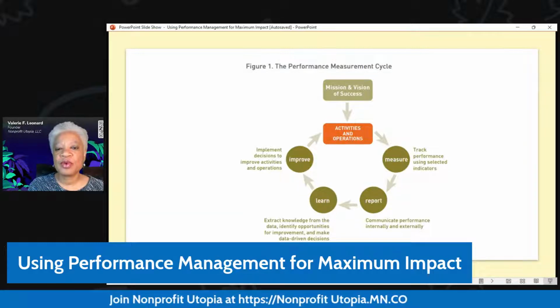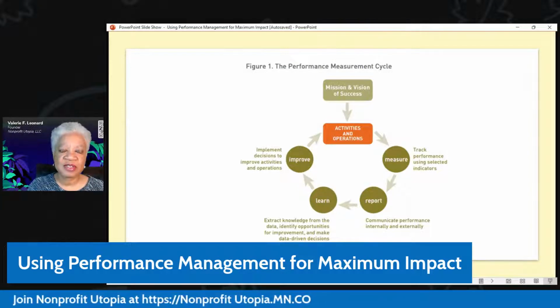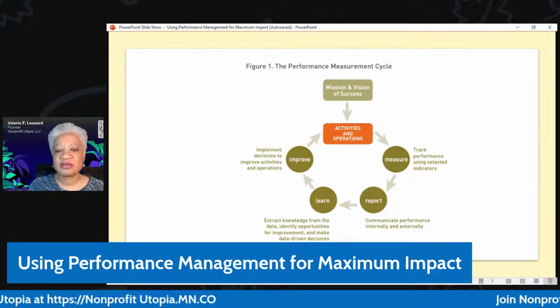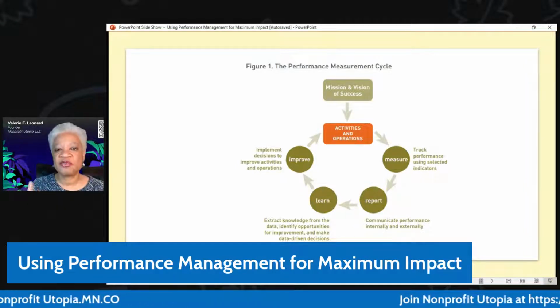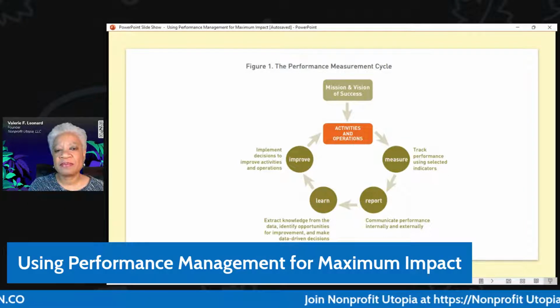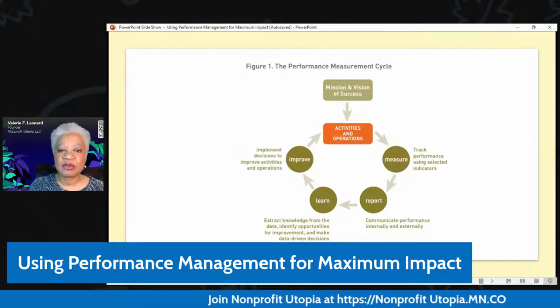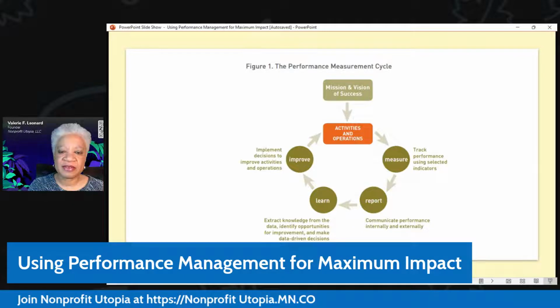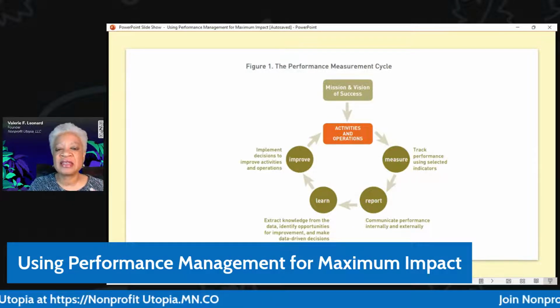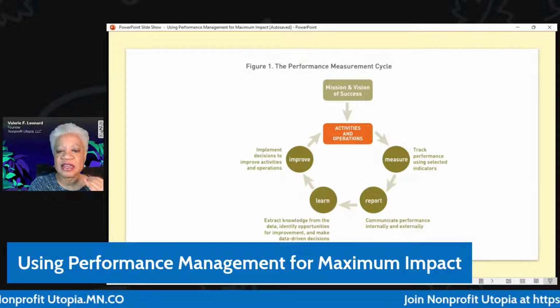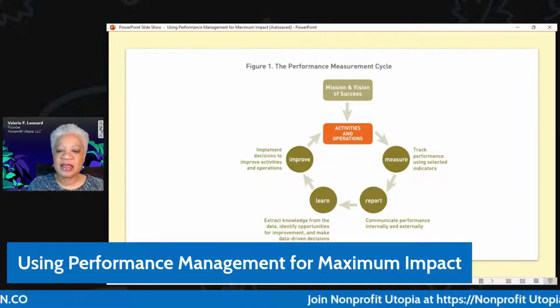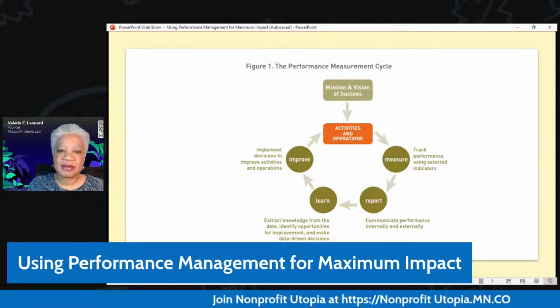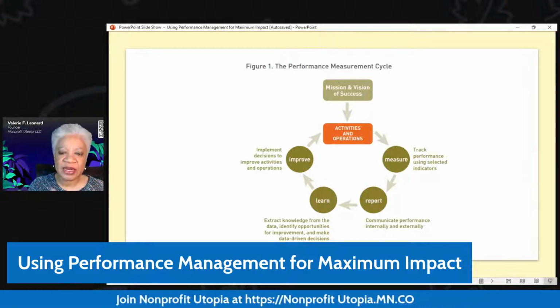Typically you start with your mission and vision of success, and usually your vision of success is the organization's vision for what they believe the community is going to look like as a direct result of their programs and activities. So you start with the activities and operations, and then you track the performance using selected metrics, and that takes some brainstorming, right?